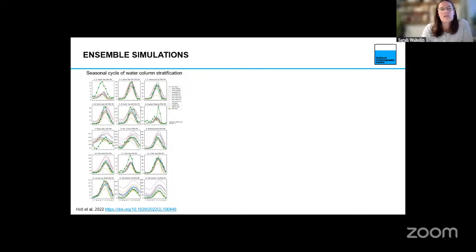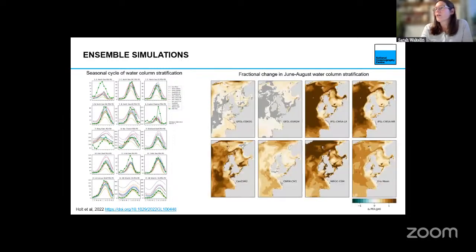Jason used this method to discount some of the ensemble members based on their present day climates. But even so, and this plot here is the fractional change in the summer strength of stratification in the models that were more believable, you can still see there's a big range of response here.